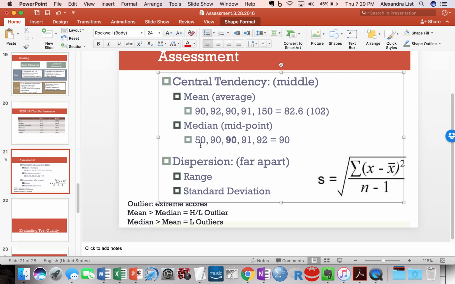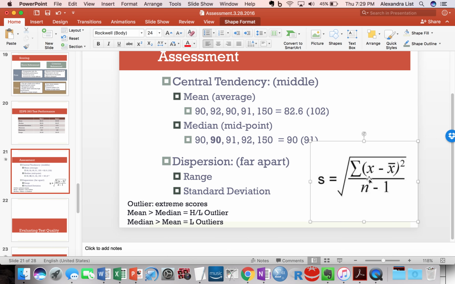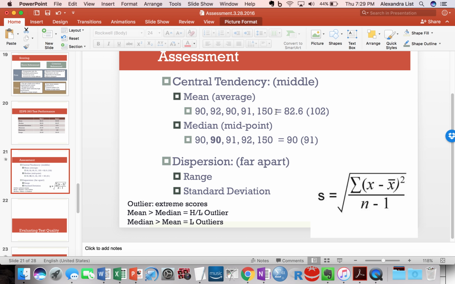Whereas our median, just because I would be deleting this 50 and adding a 150, would become 91. And you can see in this case, the 91 is still a better reflection of the scores than the 102. So when there's an outlier, the median gives us a better measure of central tendency.